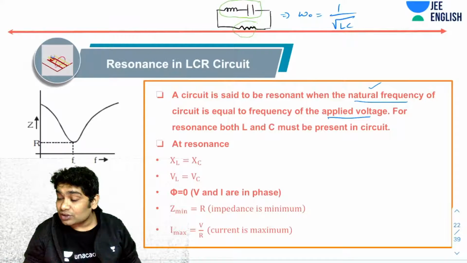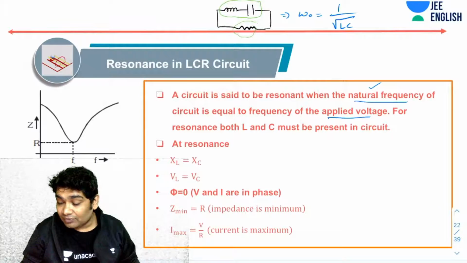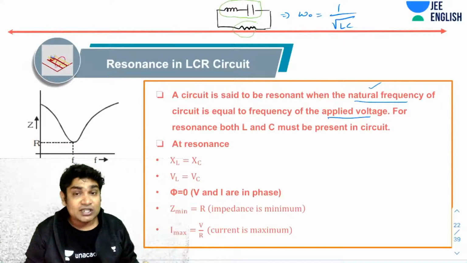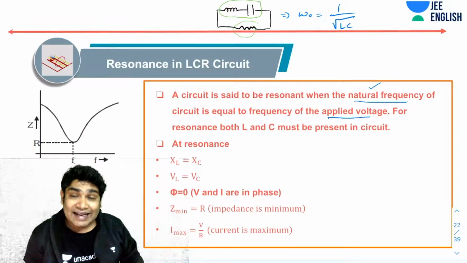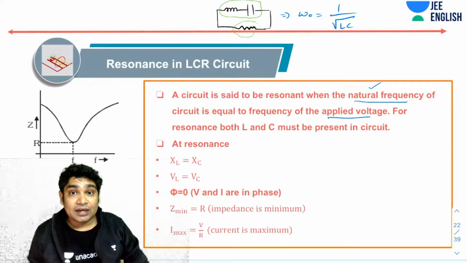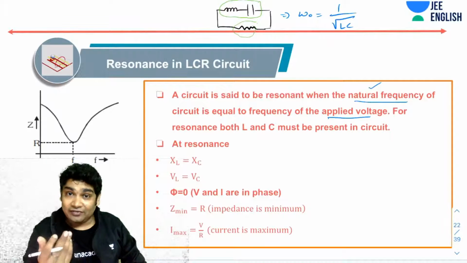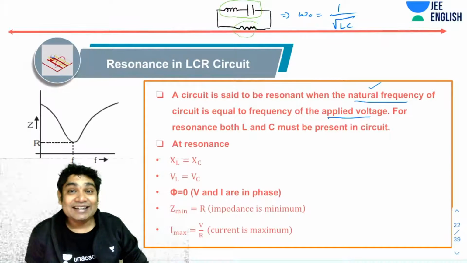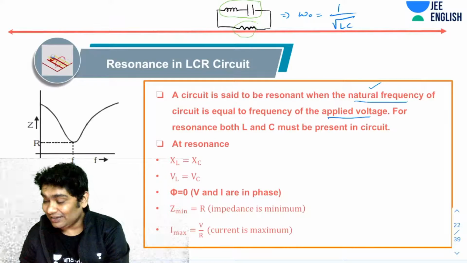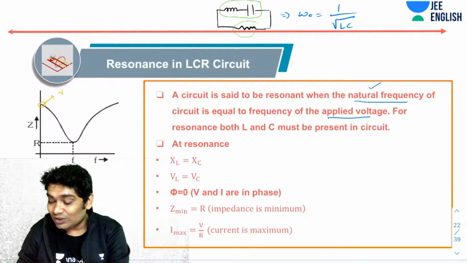If you see the variation of the impedance with frequency, imagine frequency was zero, then XC tends to infinity, right?